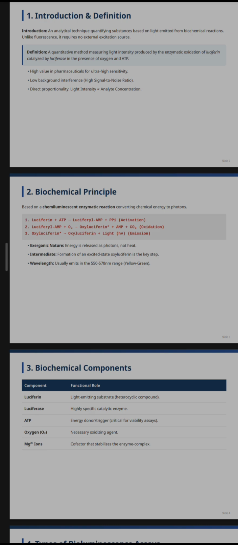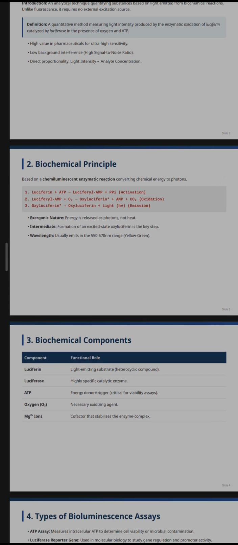When luciferin is converted into oxyluciferin, it emits radiation. This emitted radiation is in the form of photons, not as heat. The important point is that the intensity of light is directly proportional to the amount of analyte present in the sample.